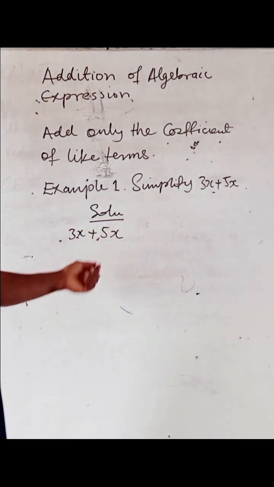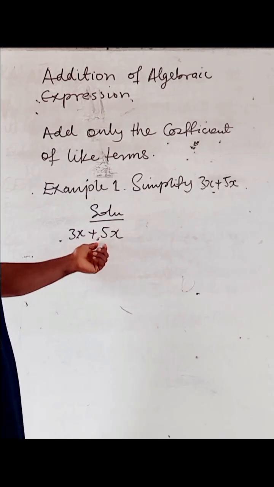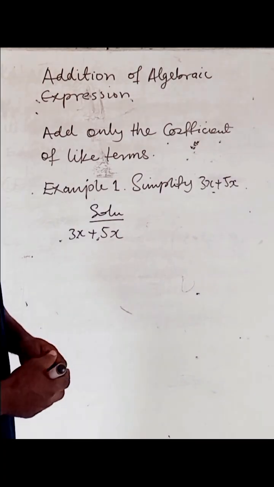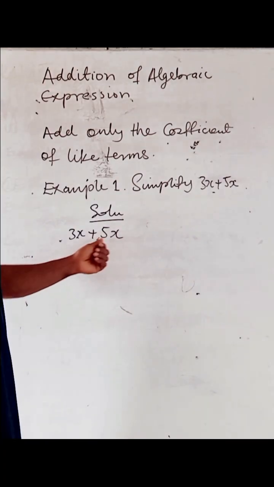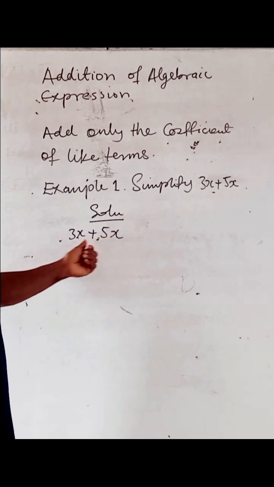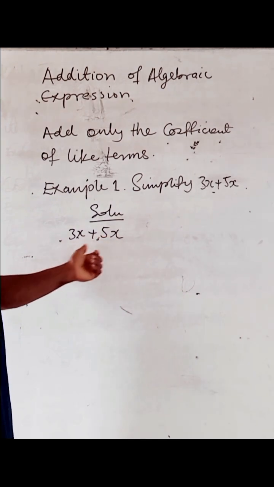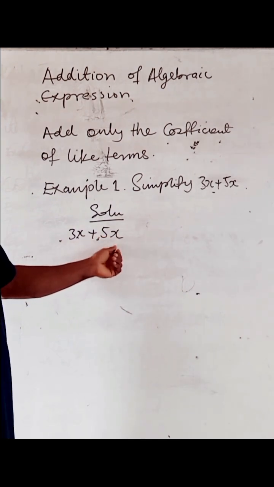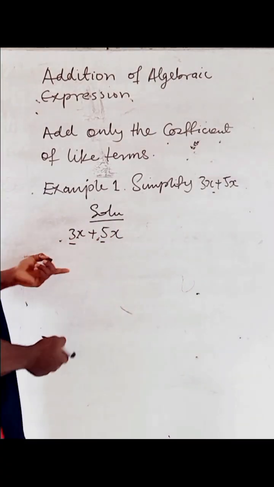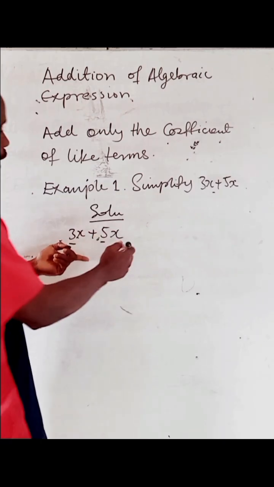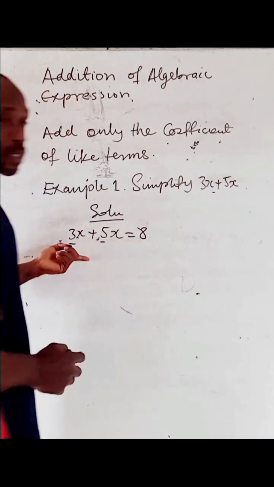We're asked to simplify this expression, and how do we go about it? We are to only add the coefficients of the expression. We cannot add the variables because they are letters. So we are going to add the coefficients. The coefficients are 3 and 5. Therefore, 3 plus 5 is equal to 8.